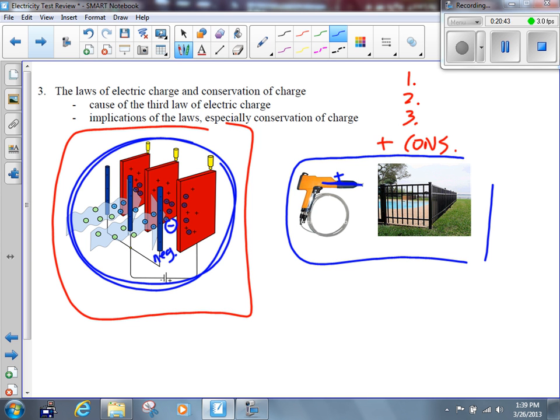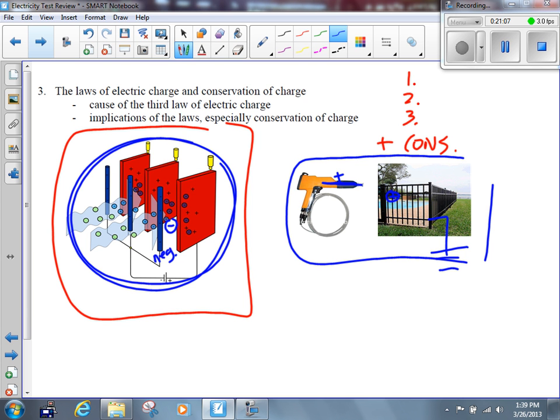Those positively charged paint bubbles, when they go to this grounded fence, they stick to it because positive is attracted to neutral, right? This neutral fence. And more the metal fence than it would be the ground, of course, because the metal fence is a good conductor. So we've got charged objects attracted to neutral objects here now.